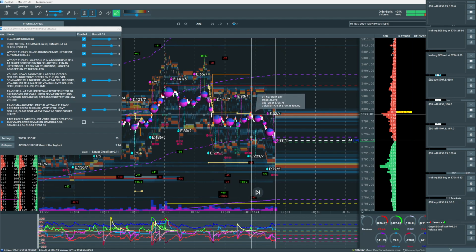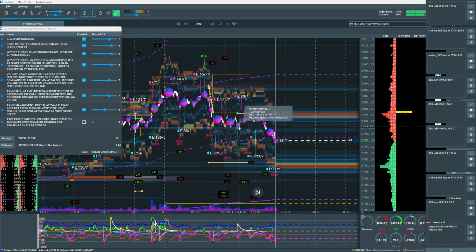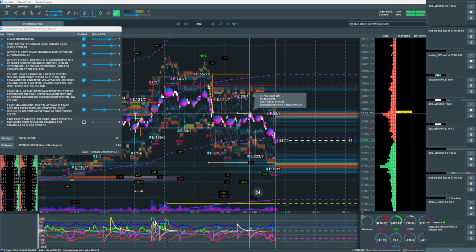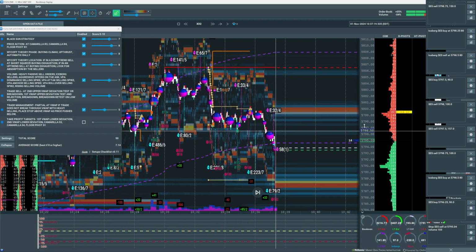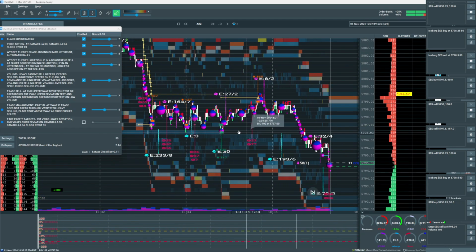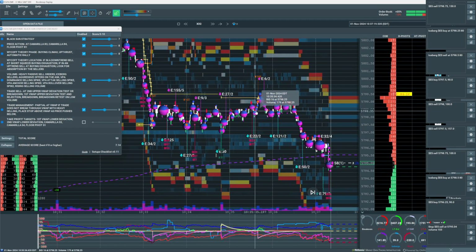So any pullback of 3 points is going to stop me out. When we got down to this level here, 3 points back, that stopped me out, which coincides with the consolidation. If we break above the consolidation, then I should just come out of the trade.